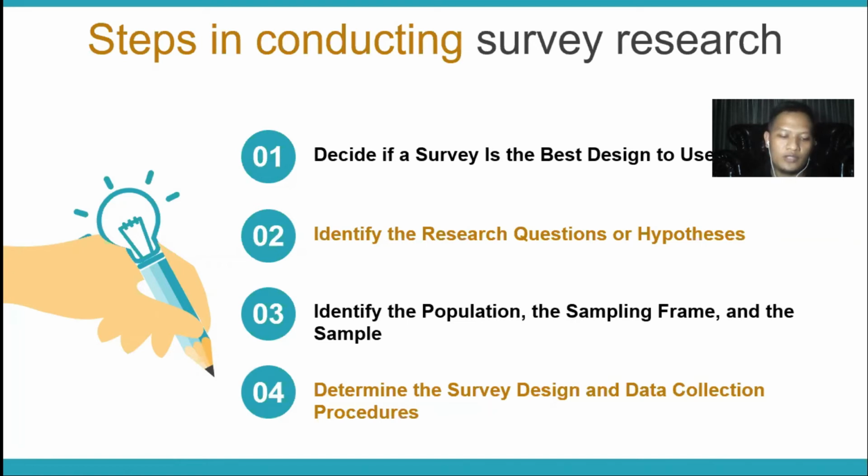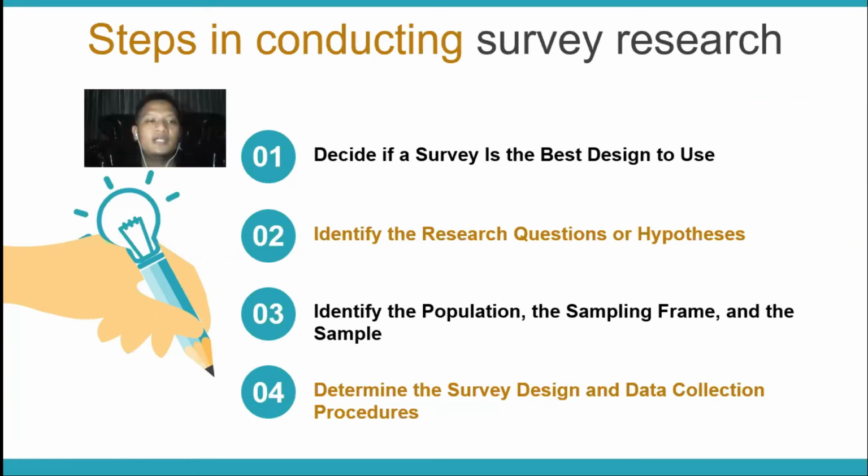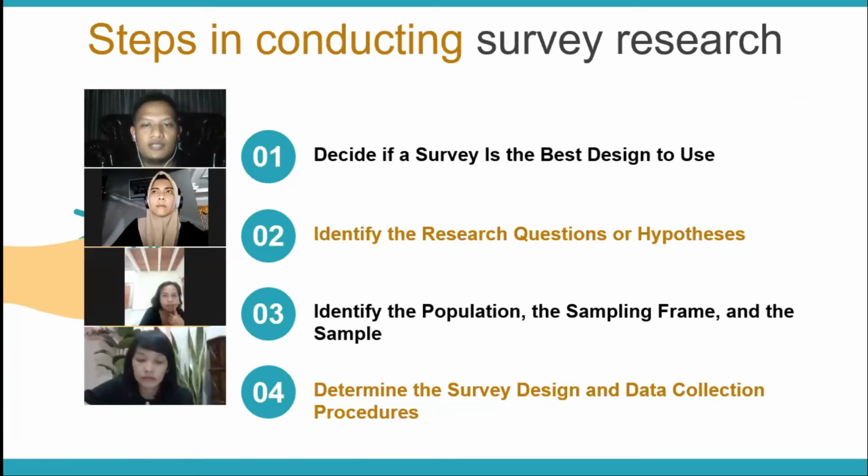Surveys are more suitable to assess trends or characteristics of a population, learn about individual attitudes, opinions, beliefs, and practices, evaluate the success or effectiveness of a program, or identify the needs of a community. This is what we need to do in deciding whether the survey is the best design to use.